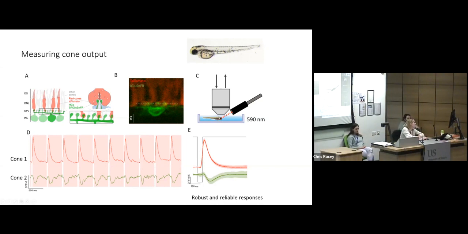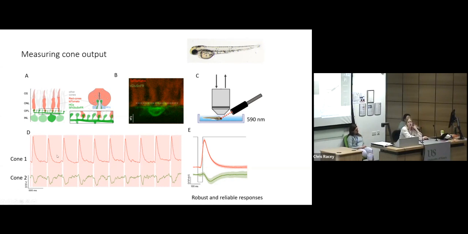I put the live zebrafish under a two-photon microscope, which you might be familiar with, which has very high temporal and spatial resolution. I can record the signals from an individual photoreceptor and see what neurotransmitter it's spitting out and how it's talking to the next cell down the line.